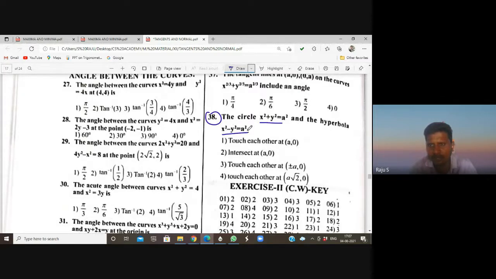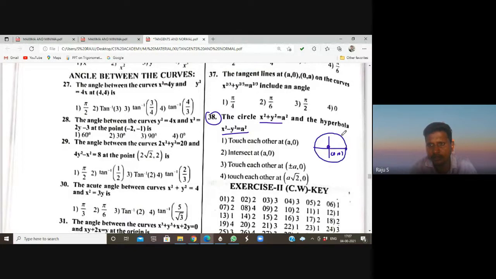Then if you see question number 38, here a circle and a hyperbola are given. Let's see here, students. What is the radius of this circle? Center at origin, radius will be a. This is the graph of the circle. And what is the graph of the hyperbola? X square minus y square is equal to a square, nothing but x square by a square minus y square by a square is equal to 1. These are the vertices: a comma 0 and minus a comma 0.